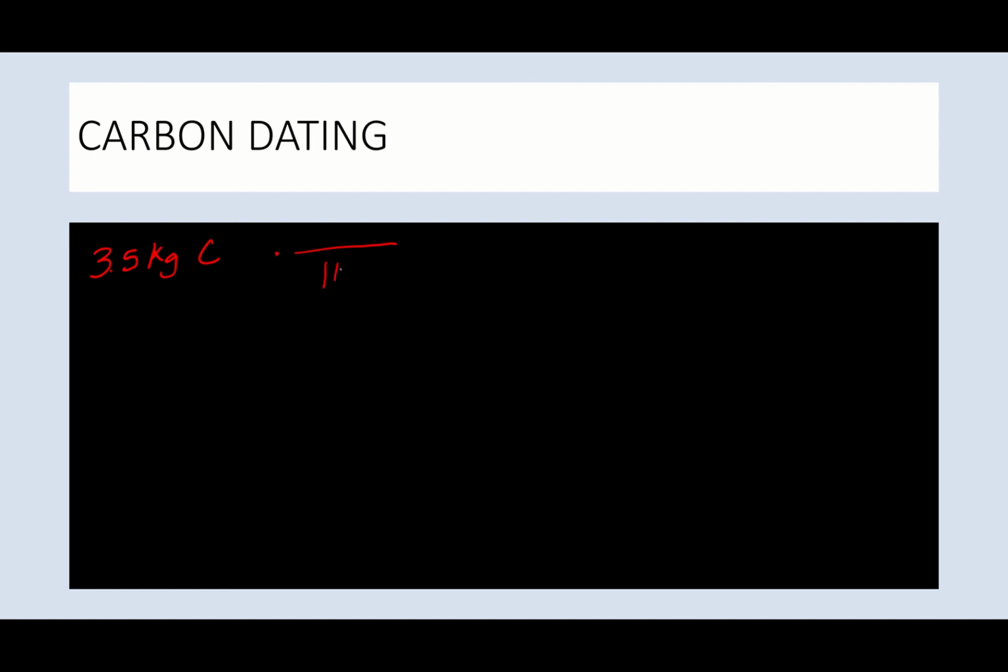So in 1 kilogram, we have 1,000 grams. And in 12 grams of carbon, we have 1 mole of carbon.